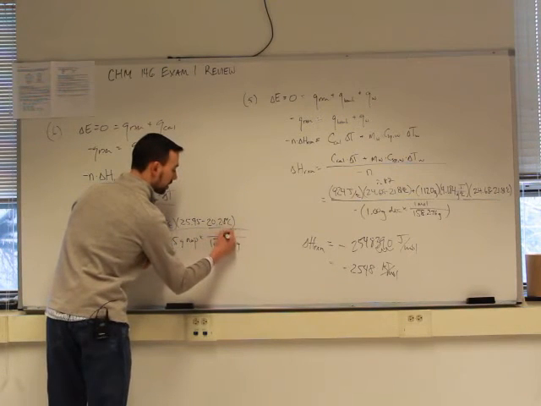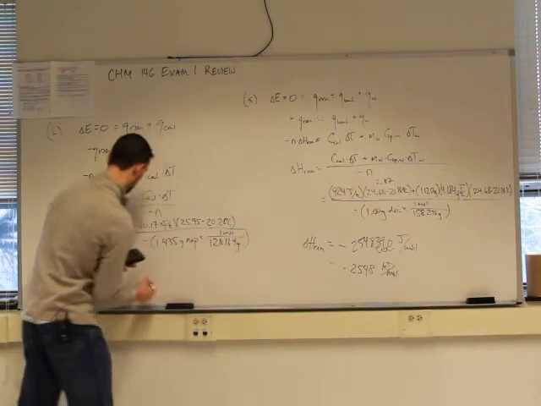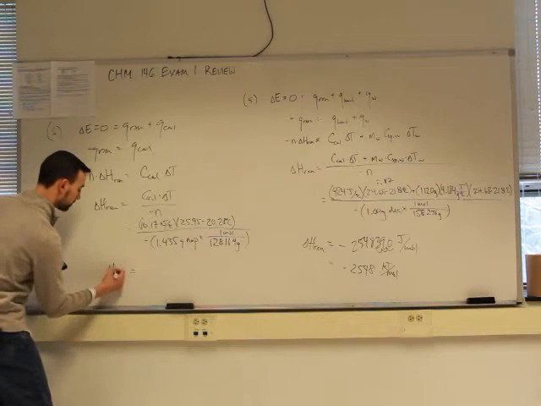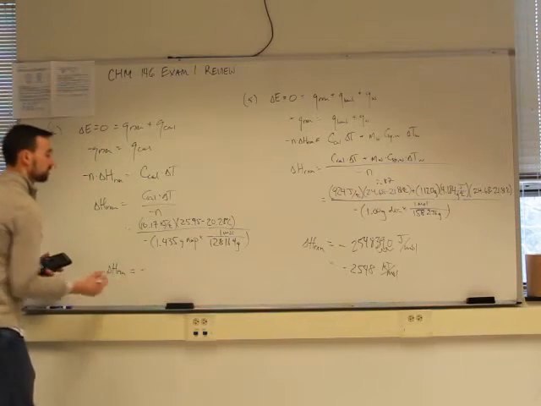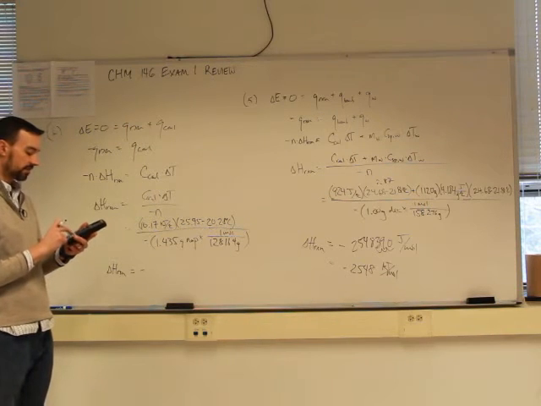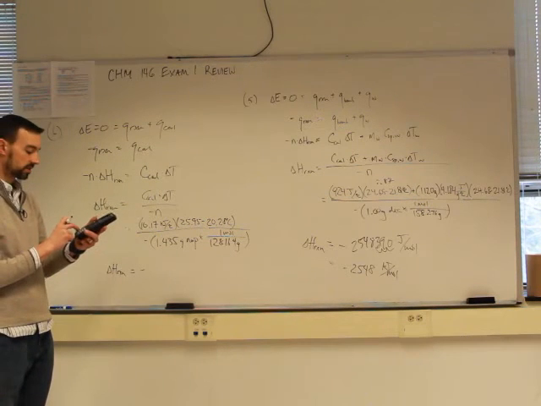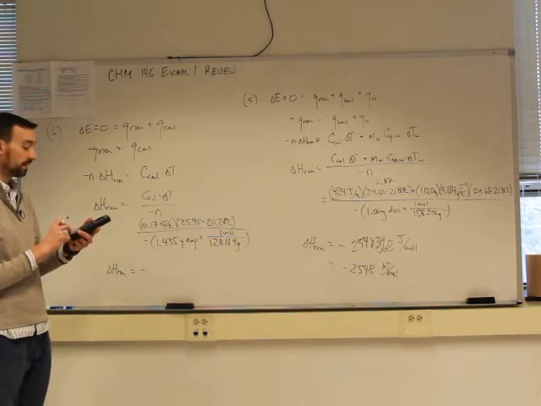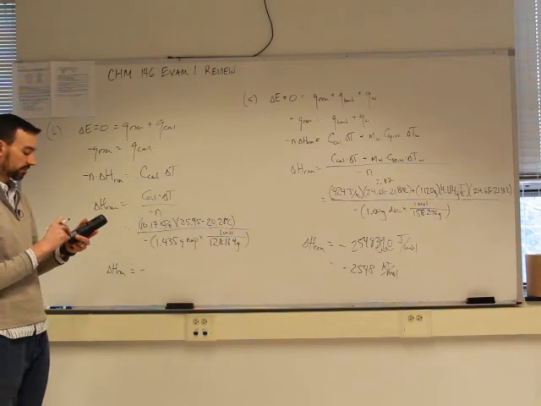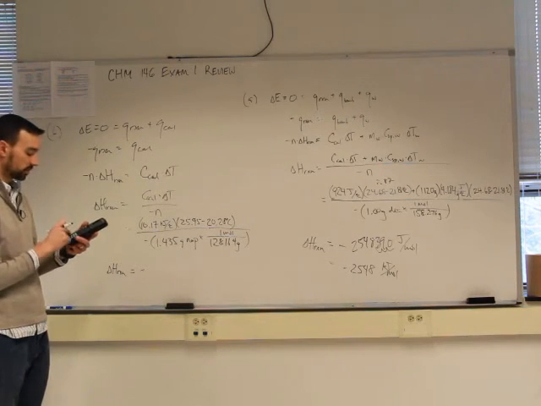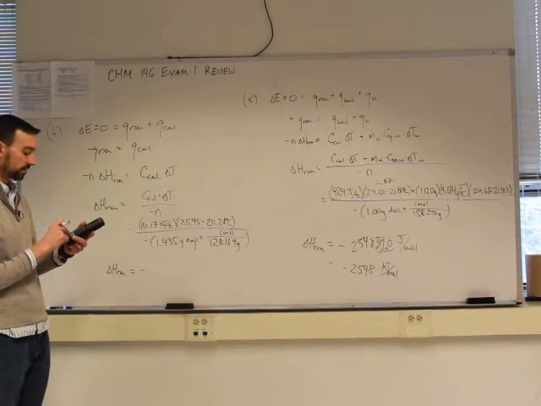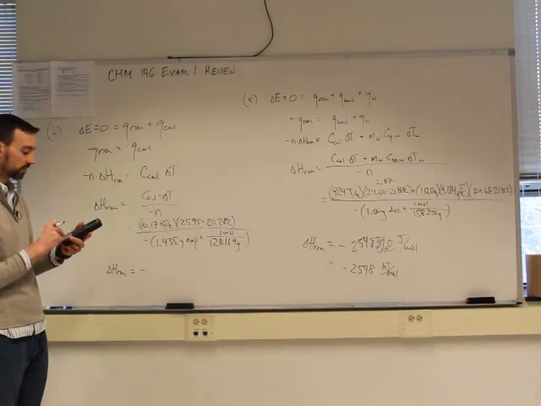128.164 grams are a mole of naphthalene. So this enthalpy of reaction, 25.95 minus 20.28 times the calorimeter constant, 10.17, divided by 1.435 converted to moles, so divided by 128.164, sorry.